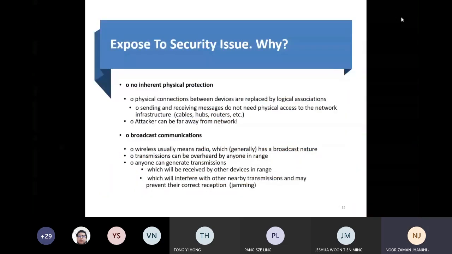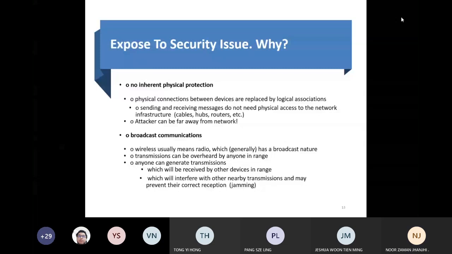Now going ahead, the issue, why it is so. You can see that there is no inherent physical protection in your wireless network. There is no administrator, no specific central administration, no central antivirus, and no central monitoring on your device.